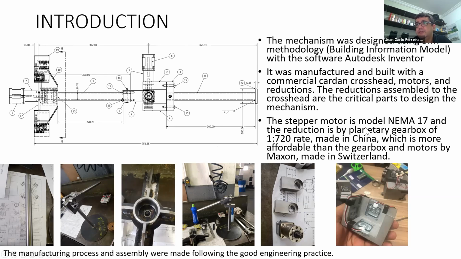The stepper motor is a NEMA 17, and the reduction is a planetary gearbox of 1 to 720 ratio, high reduction, right? Small and high reduction. Made in China, which is more affordable than gearboxes and motors by Maxon, for example, made in Switzerland, okay?